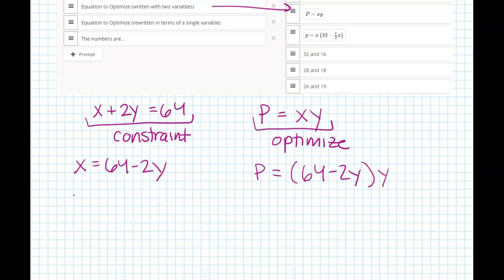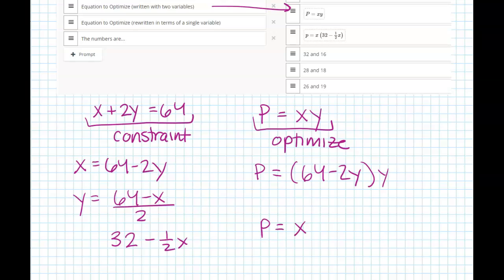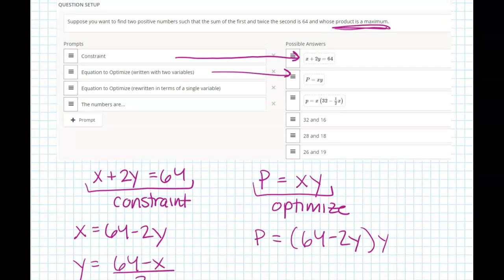So what if we solve for y instead? Then we would have (64 minus x) over 2, which is 32 minus 1/2 x. And so then our product would be x times (32 minus 1/2 x). And that's an option, so that's what we're optimizing. And as far as the numbers we're finding, these all kind of work. I sort of made it that way.